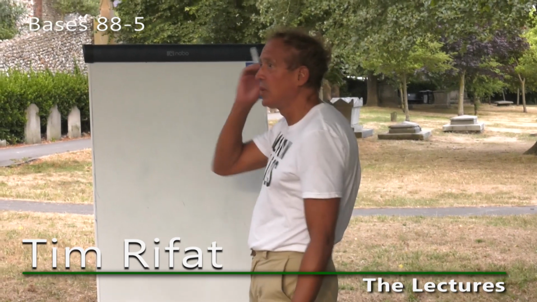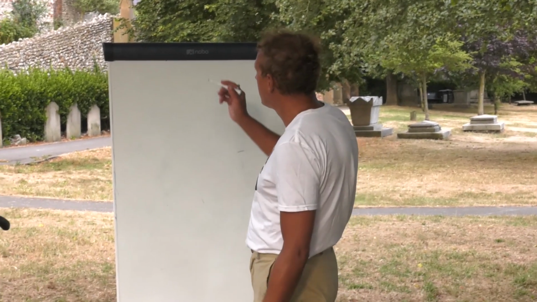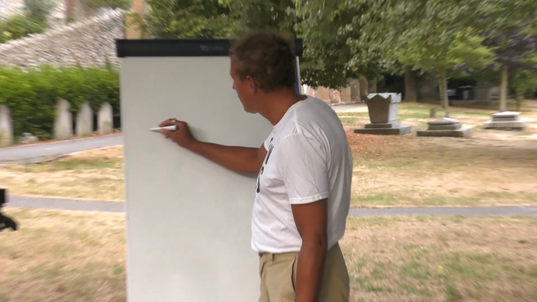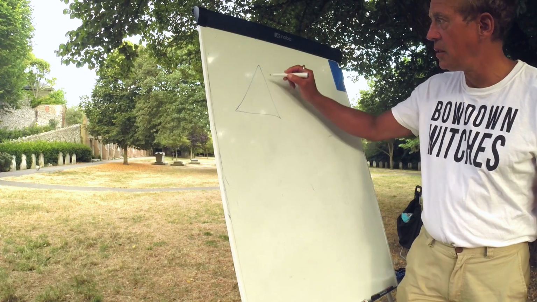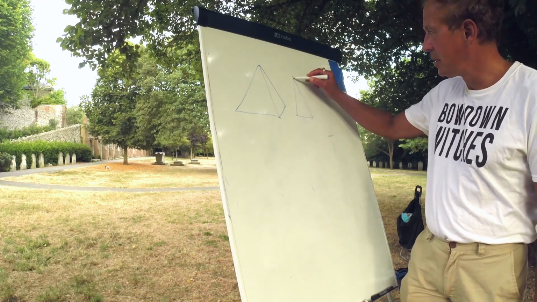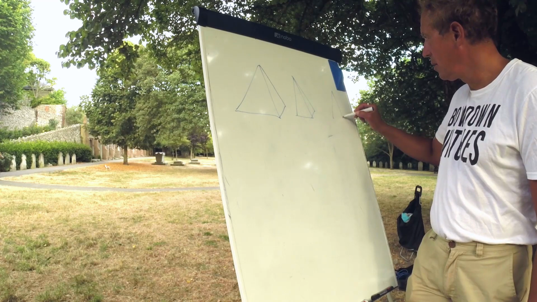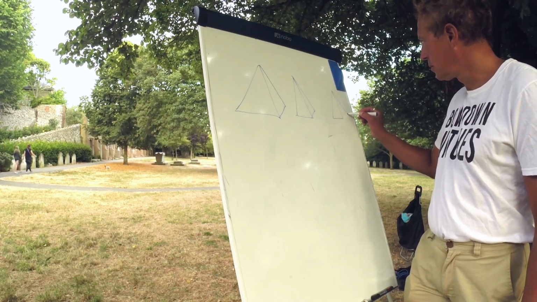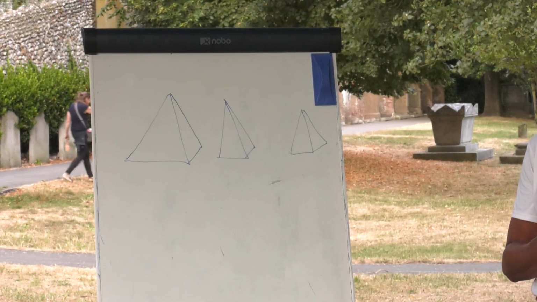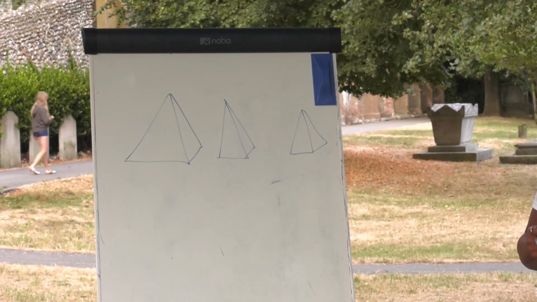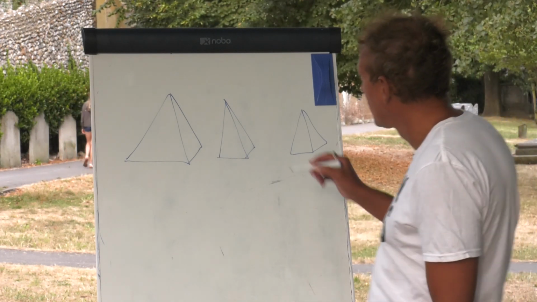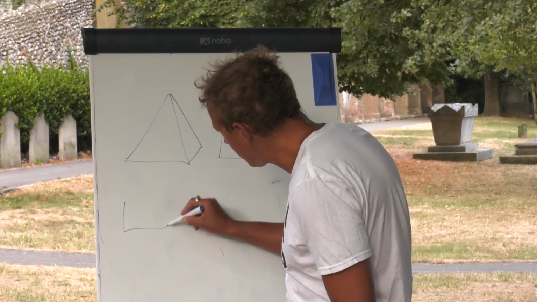So we're going to go into Illuminism, which comes from pharaonic times, and we've got our pyramids. There we are. So we've got three of them with a cross section like that.